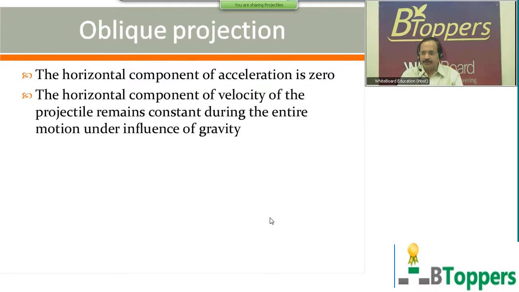The horizontal component of the velocity of the projectile remains constant during the entire motion under the influence of gravity. These two points are important and applicable both for oblique projection and also horizontal projection, which we will discuss later.